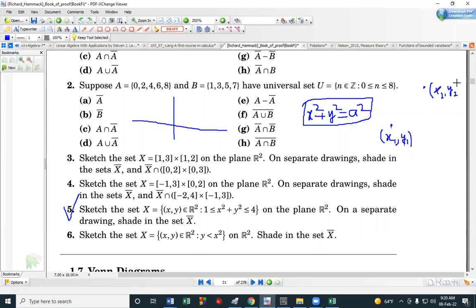Okay, sir. I had a question, but it's outside today's topic. In groups, every element has an order, right, sir? But why do elements have orders?